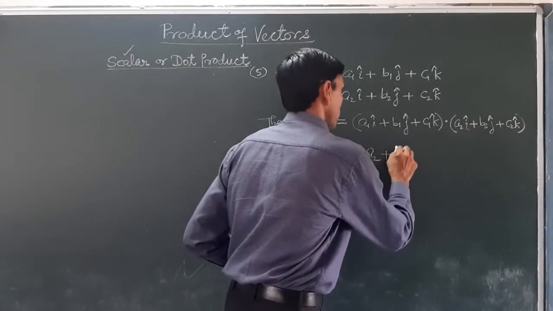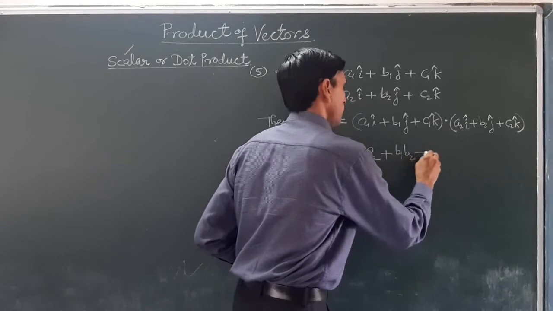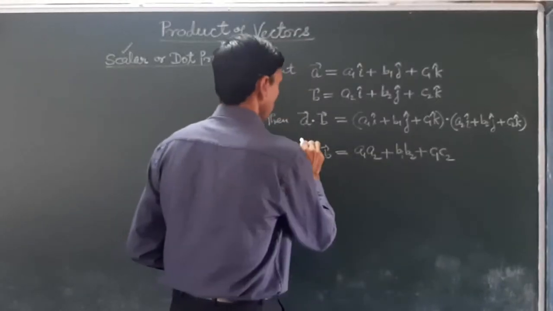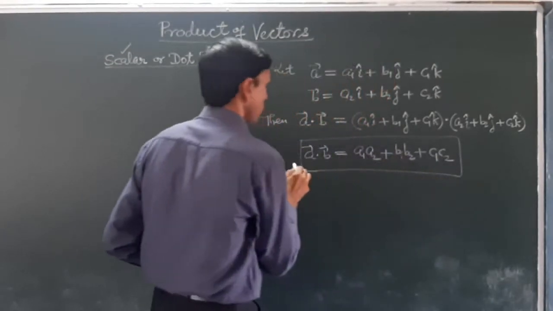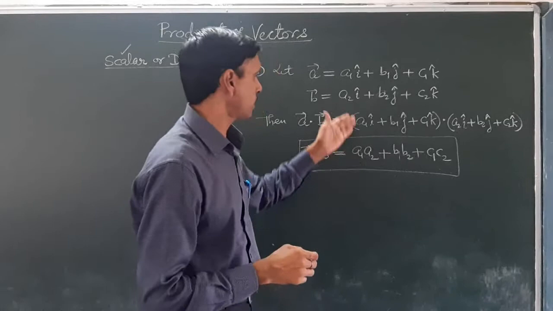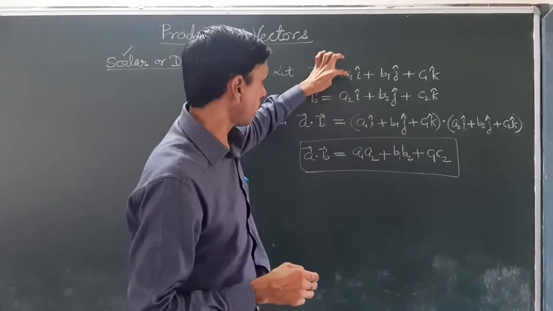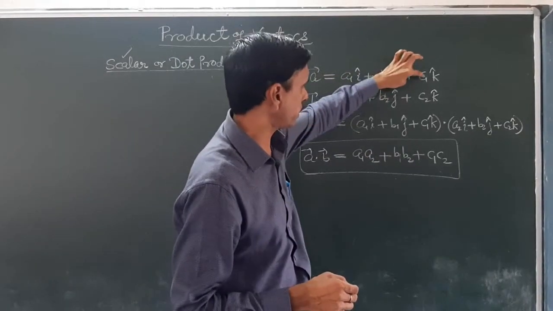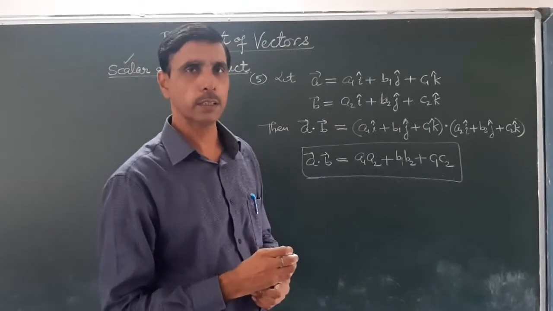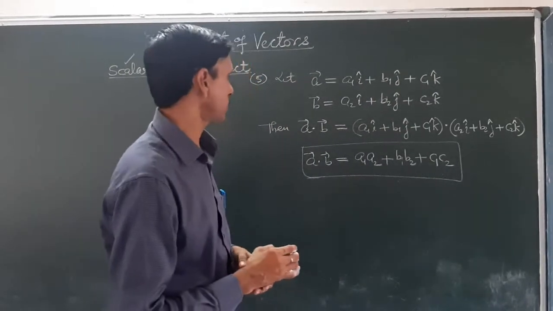So the next term is b1 b2 and c1 c2. So whenever you need to calculate the value of a dot b, you will have to multiply the coefficients of i, j and k. The rest will vanish. This is a dot b in terms of components.